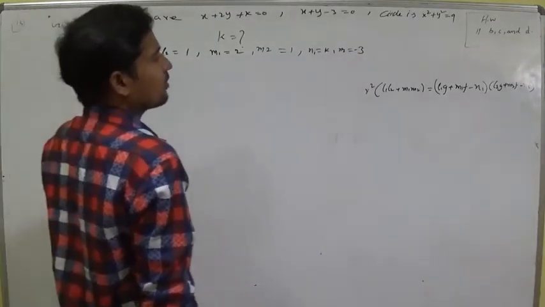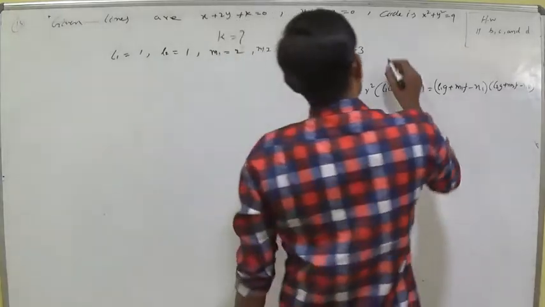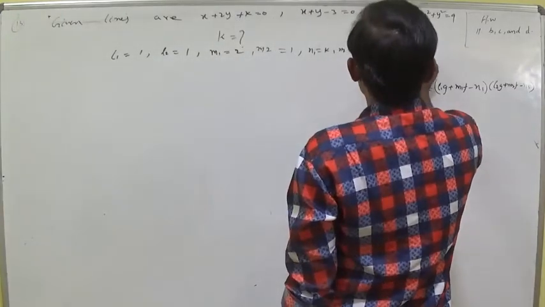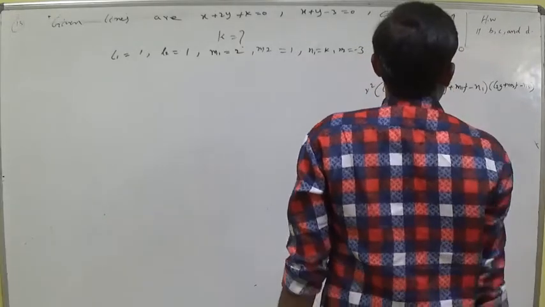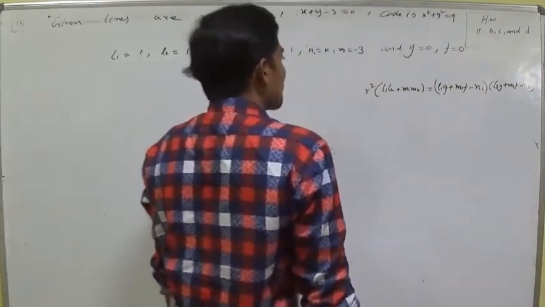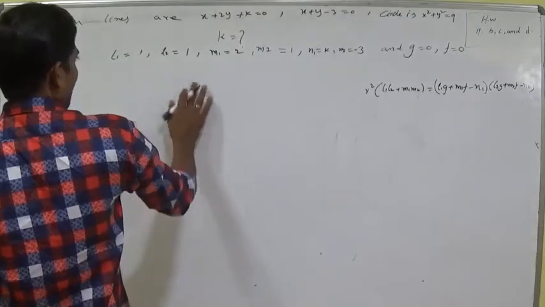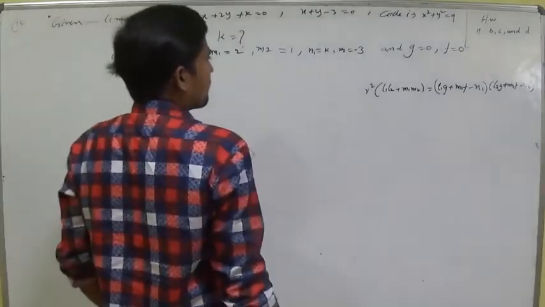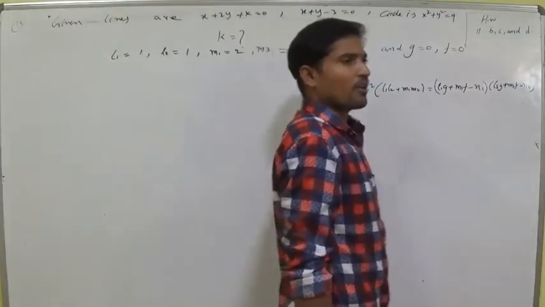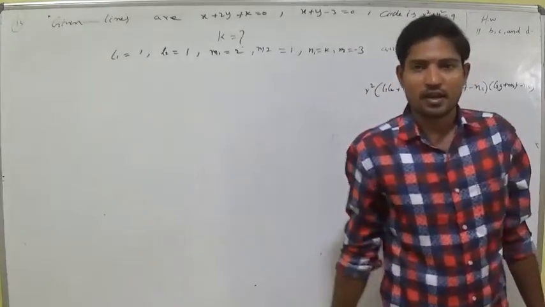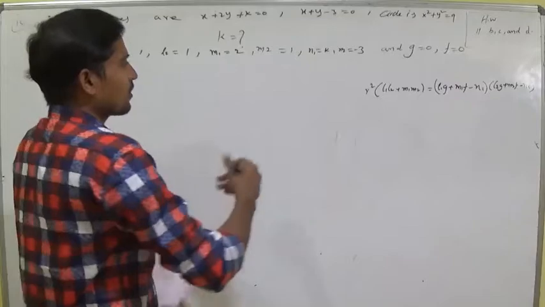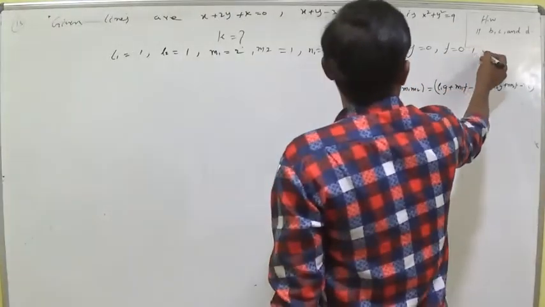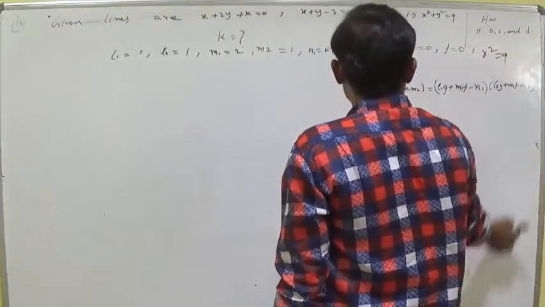Here G equal to 0, F equal to 0, right? So r square equal to 9, which is of the form x square plus y square equal to r square.